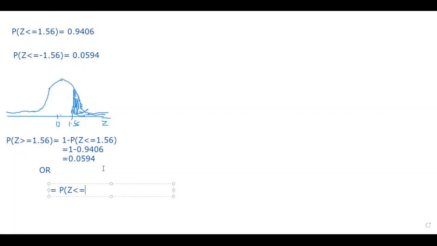The negative of that number after the greater than or equal to. The alternative method is that you change the greater than to less than, and the number to what? The negative sign. So negative 1.56.